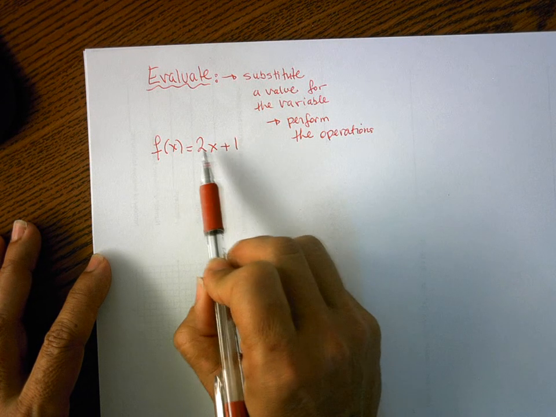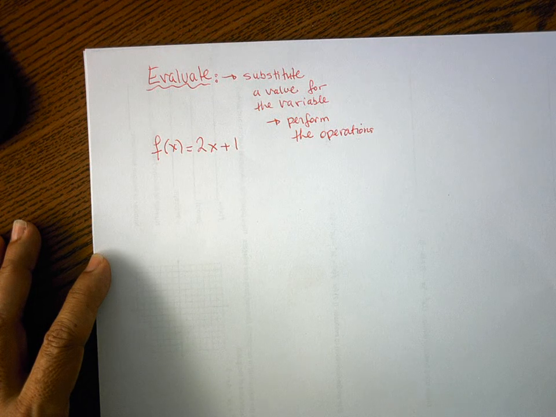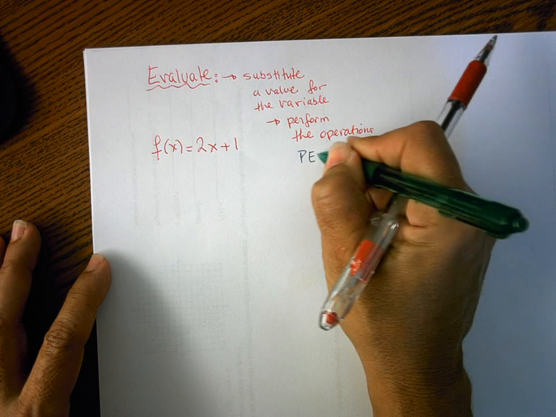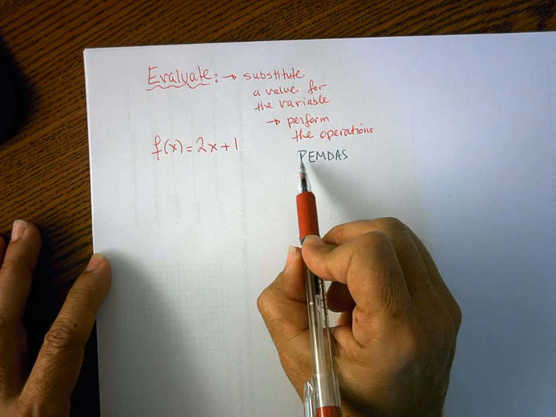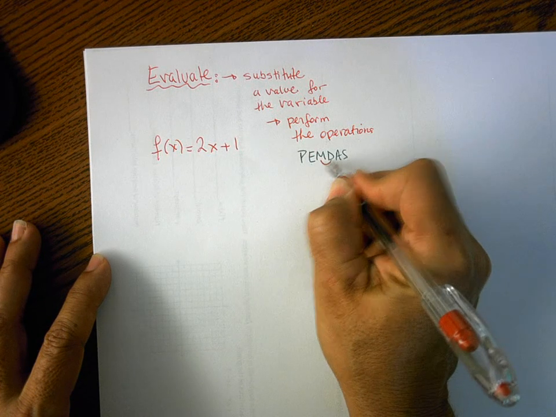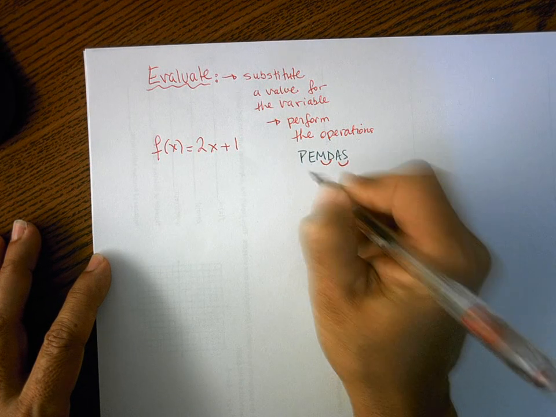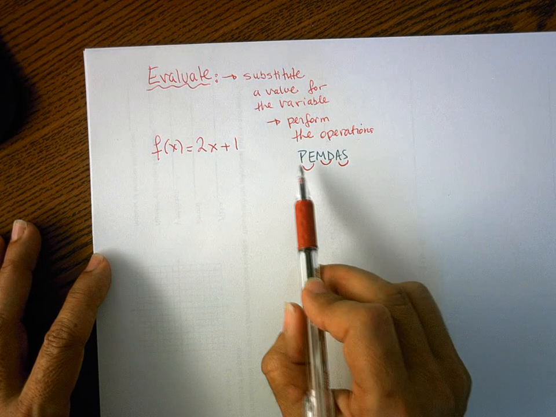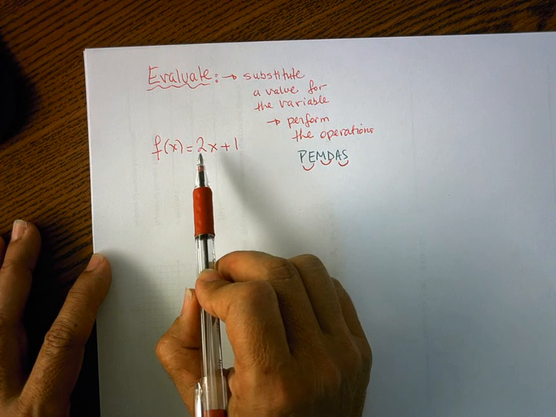So that's the operation, to multiply it times 2 and then add 1. We got to follow the order of operations, okay? In elementary school, we call this PEMDAS, okay? We do parentheses or exponent first, and then either multiplication or division, whatever comes first, and then we do addition or subtraction, whatever comes first. So we have to follow the rules of operations here when we're evaluating a function.